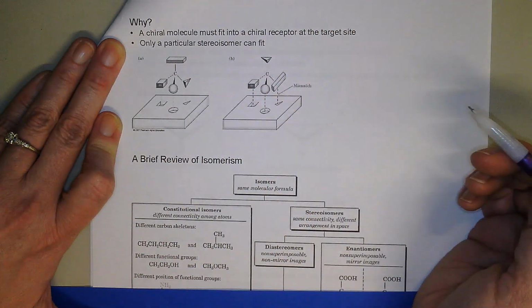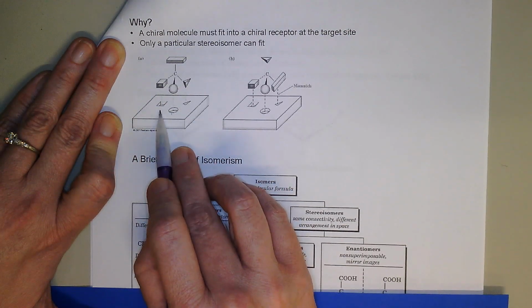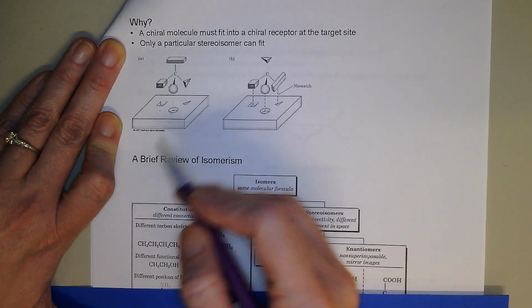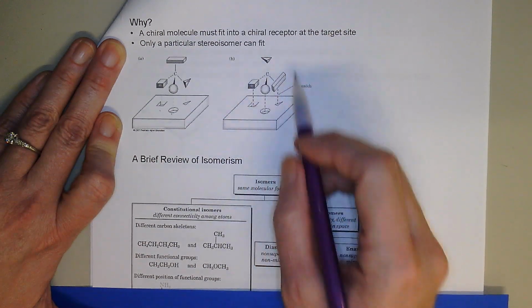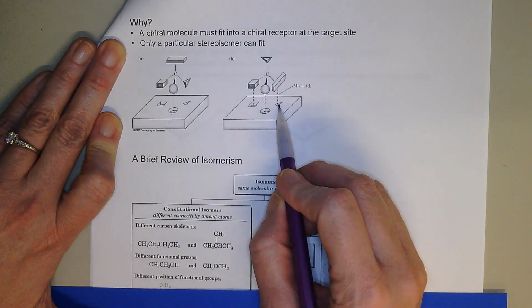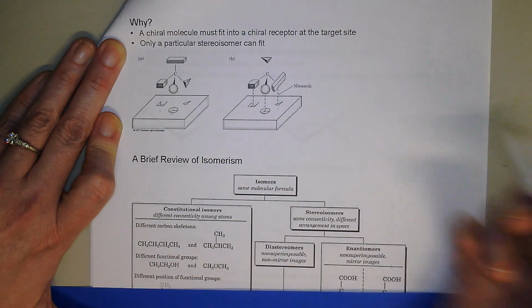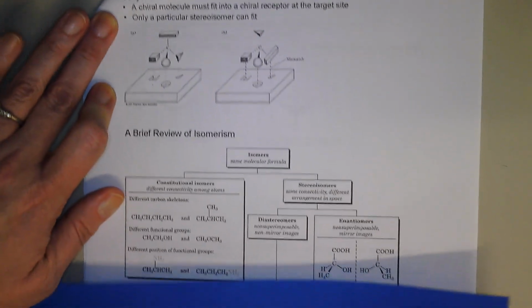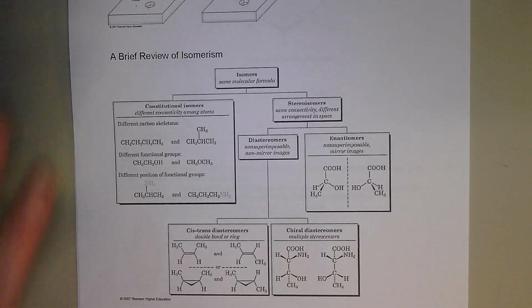They don't become active. If you have the right shapes, they'll fit together, and that isomer can fit and will activate that protein to do what it does. But if you have a different isomer and you've mismatched one of these places, it will not fit, and that will not happen.